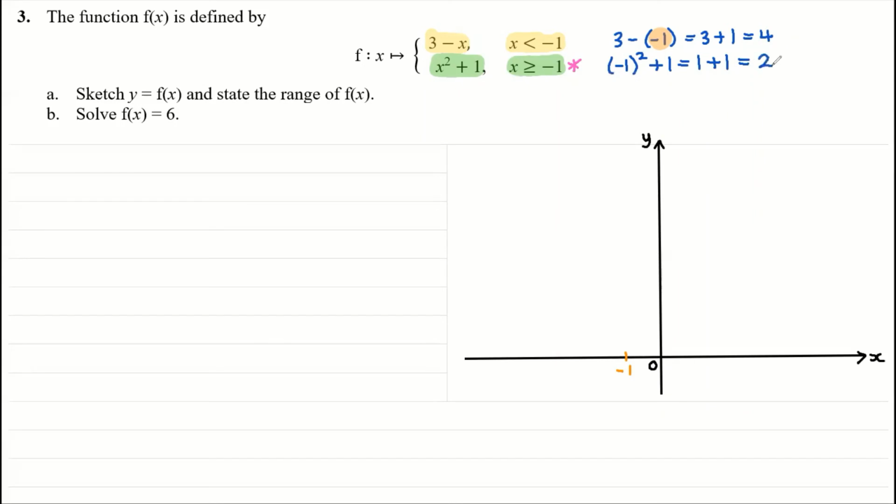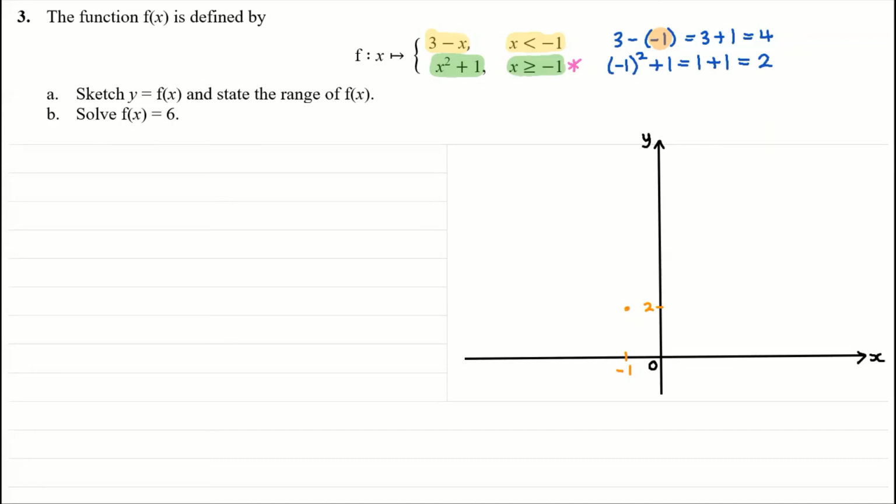So that is a point on the curve. Let's put it on our diagram. So at -1, the y value on our function would be 2. So I'll put that somewhere about here. Okay, and it's going to be about there, that point. So that's a point on the curve.